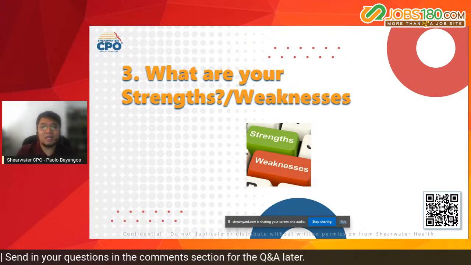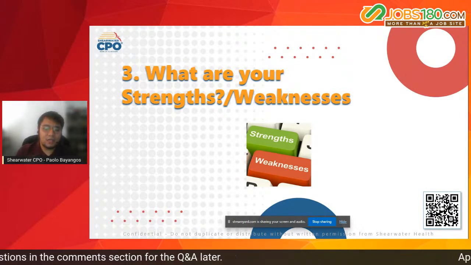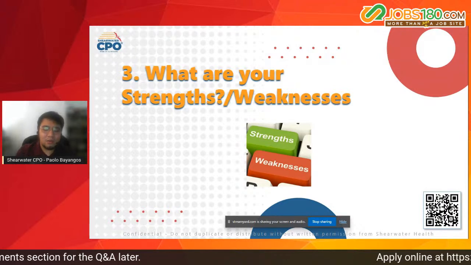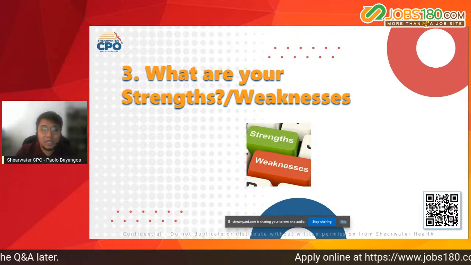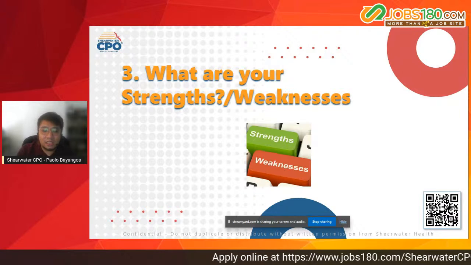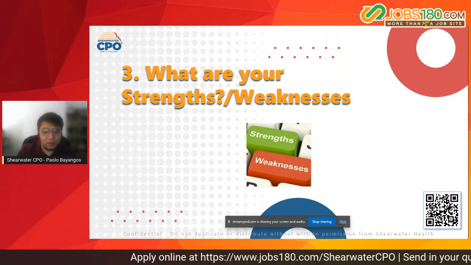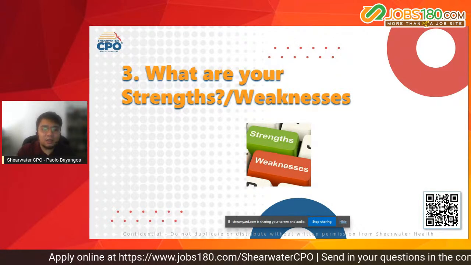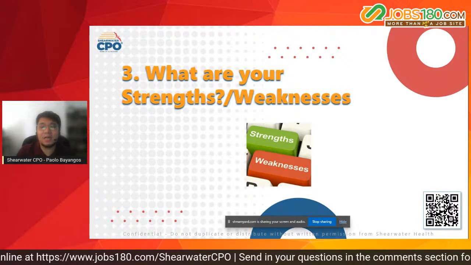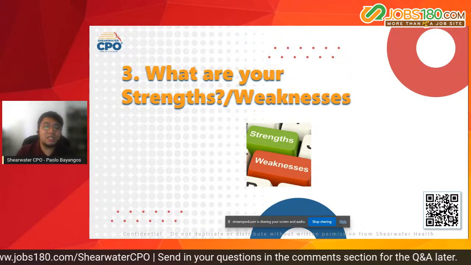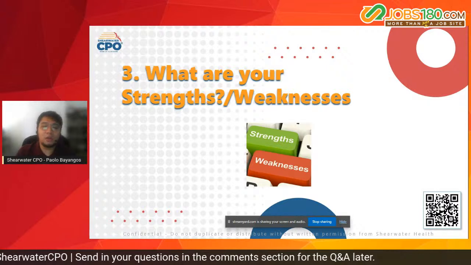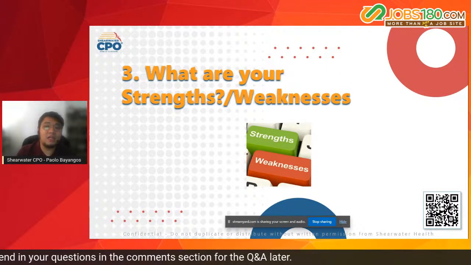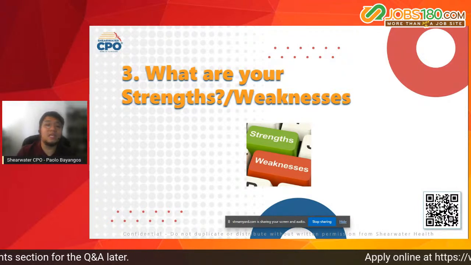And once you have shared your weaknesses, the specific things you think are your weaknesses, of course you're going to give an example. Always make sure that once you give the example of your weakness, you also share with your recruiter what you are doing in order to improve upon it.